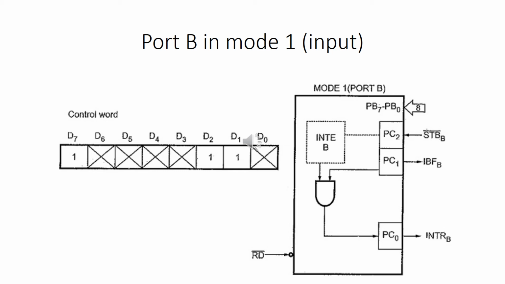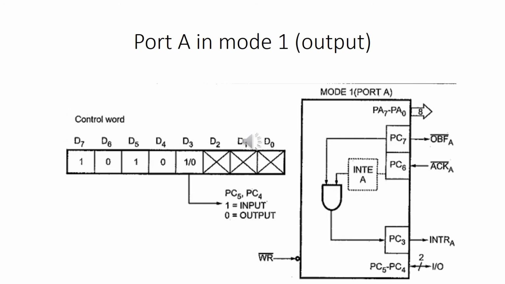This is for port B in mode 1. We use the data pins only D1, D2 and D7. See the input output signals as well. This is port A in output mode 1.